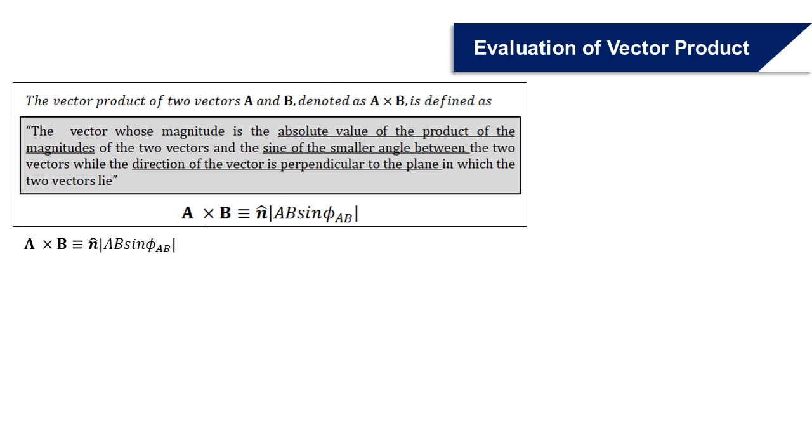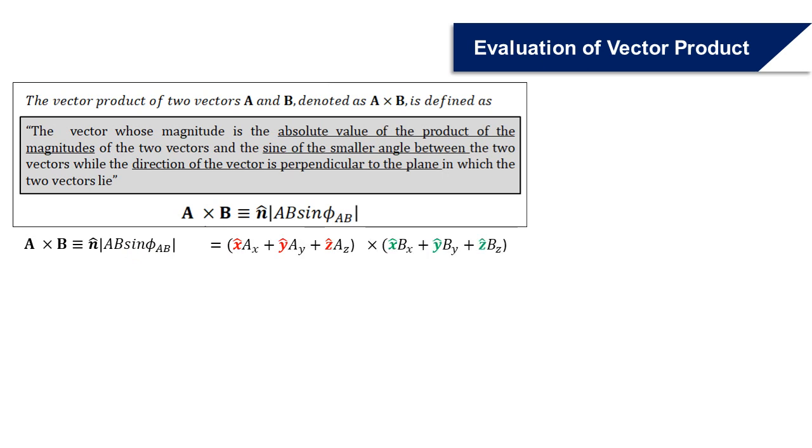Okay, so as defined, we have the cross product of A and B is equivalent to n hat times the magnitude ng A times the magnitude of B times the sine of the smaller angle between these two vectors. So we know na ganito yung magiging itsura niya.